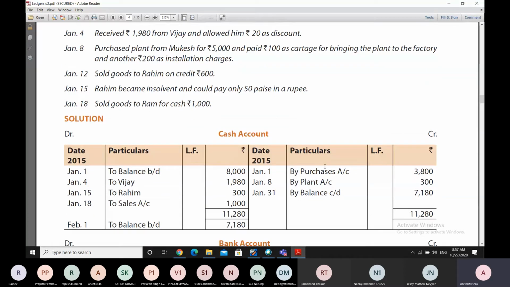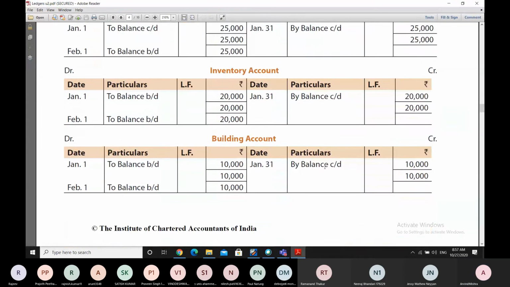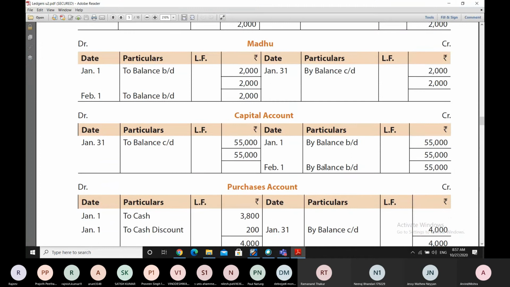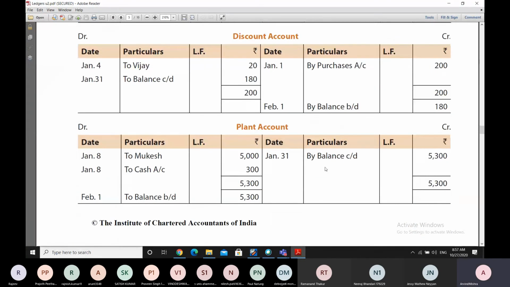Now if we look at the plant account, we find that there is an entry of 5,000 rupees here. So why is this entry of 5,000 rupees here? Because we have not paid anything to Mukesh.